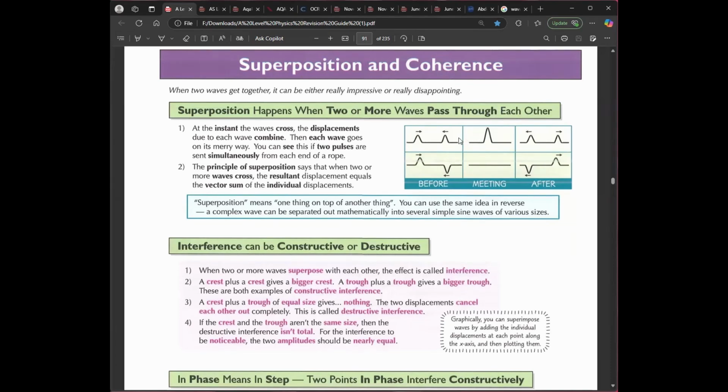So that is constructive interference. Destructive interference is when the crest of one falls on the trough of the other and they completely cancel each other out because they had the same amplitude. So that is called destructive interference, provided that they have the same amplitude, because otherwise they won't be able to completely cancel the effect of each other, right? So one is constructive, the other one is destructive.